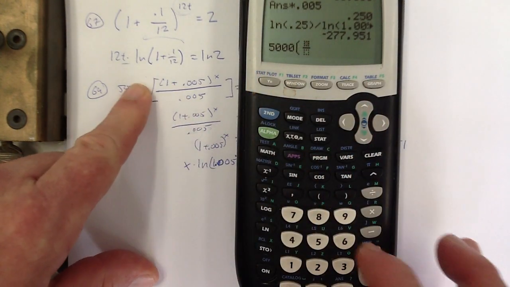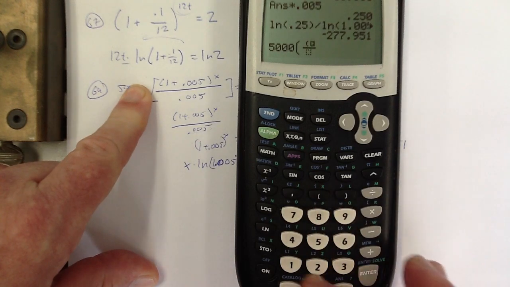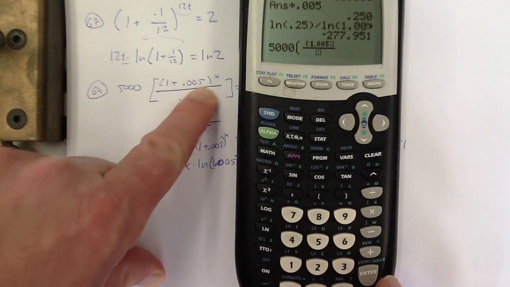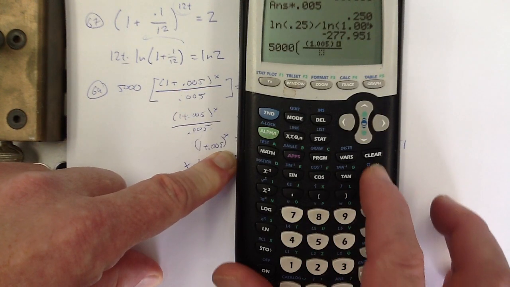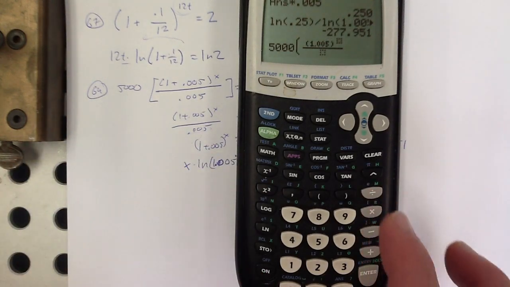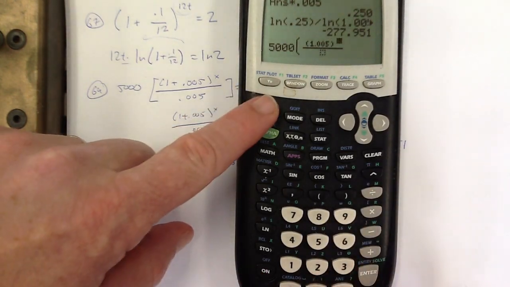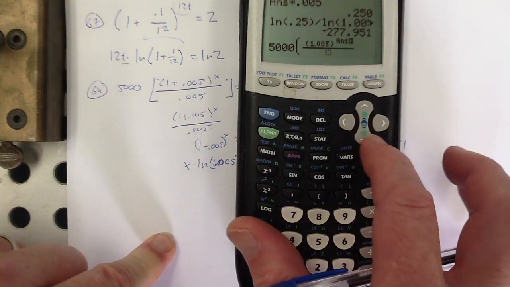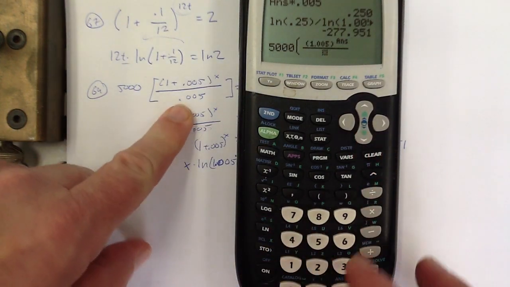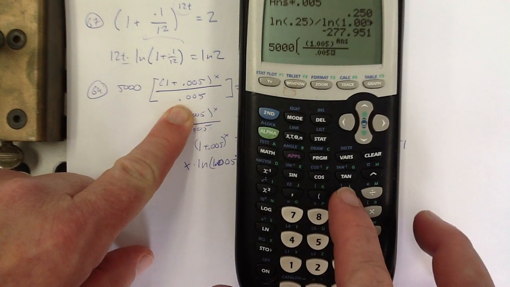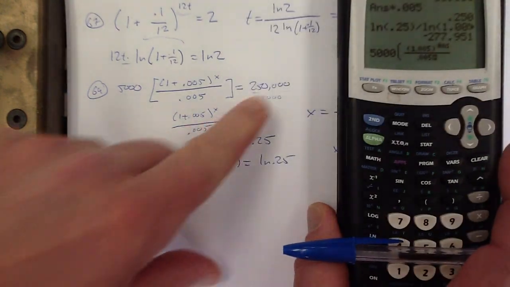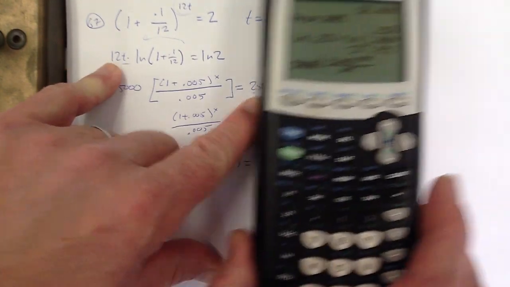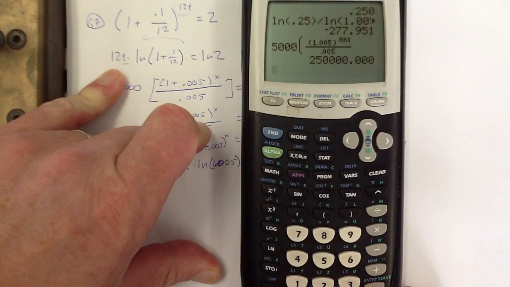On the top of it is 1.005, because that's what 1 plus 0.005 is, raised to the answer power, and on the bottom 0.005. If we type that all in right and we got the right answer, that should come out to be 250,000. Boom.